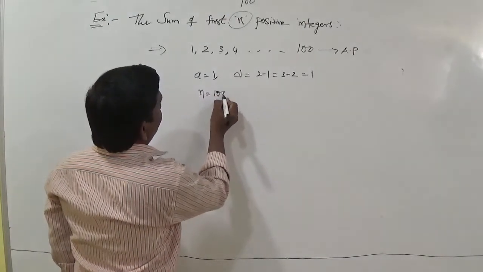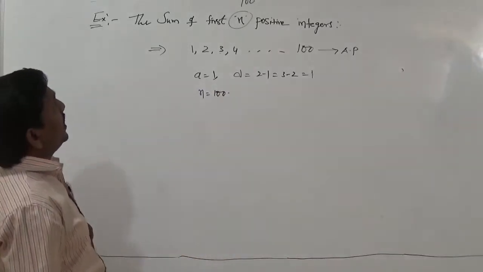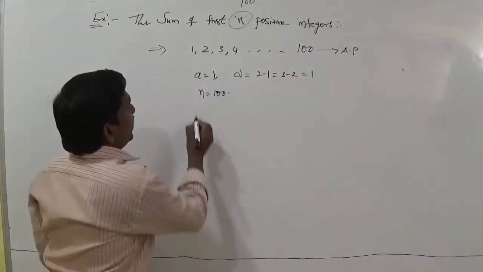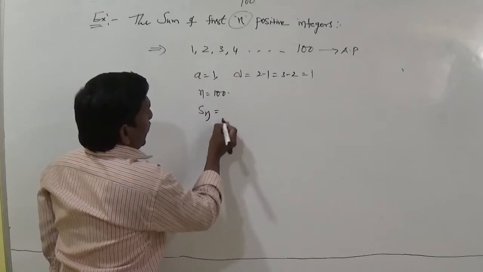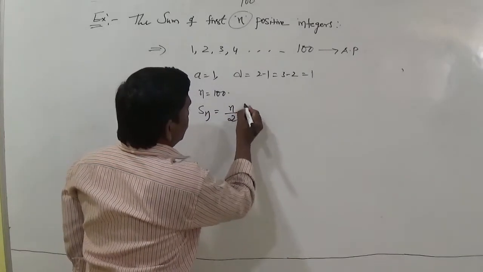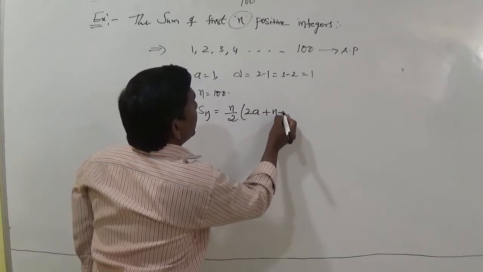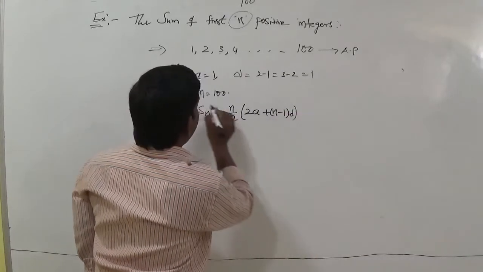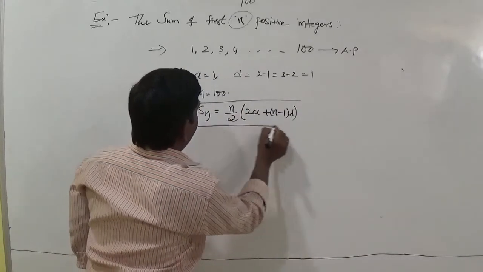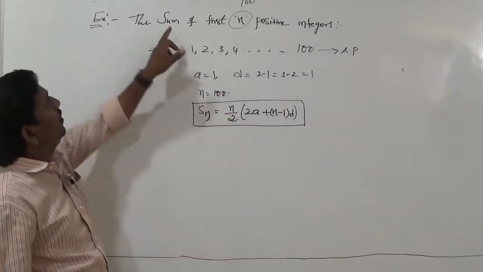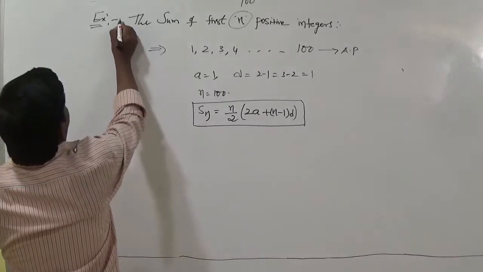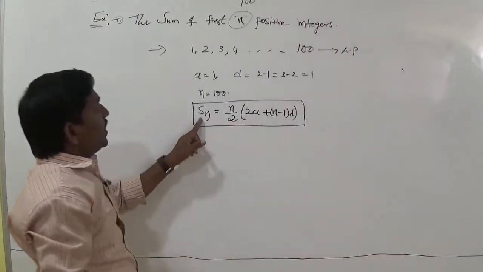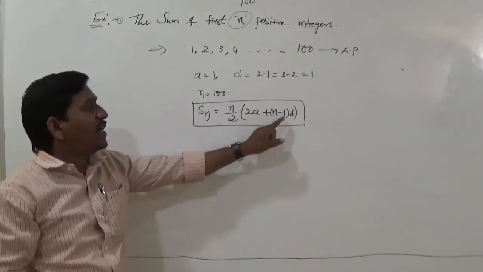n equals 100. So you can easily find the sum of the first 100 positive integers by using the formula you learned: Sn equals n by 2 into (2a plus (n minus 1) into d).